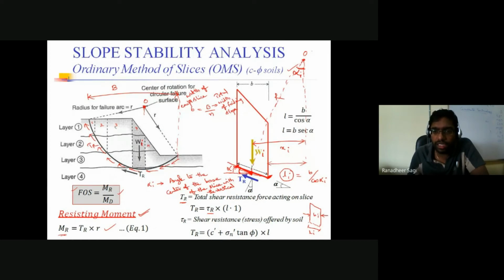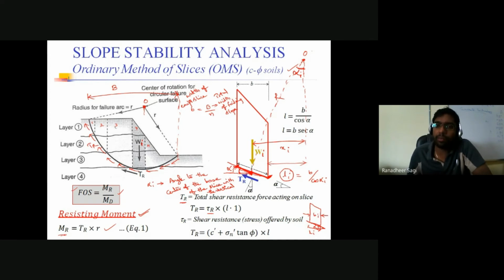And we said that the base of the failure surface is at an inclination alpha i with the horizontal. So if this angle is alpha i with the horizontal, then from simple trigonometry, Li is the inclined length and Bi is the width. So cos alpha i is nothing but the adjacent side, which is the width of the slice, Bi, divided by the hypotenuse, which is Li.